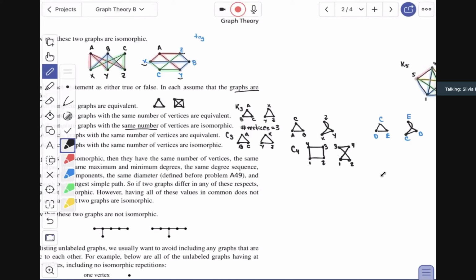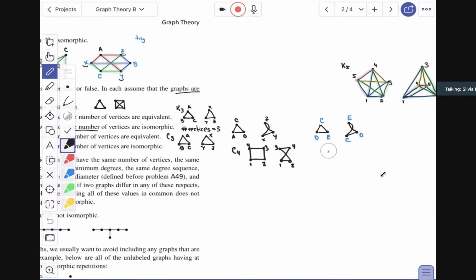So you can have C5, which will be a pentagon, or some modification of the pentagon. C6 is a hexagon, or some modification of the hexagon. You can draw them in many different ways. For example, C6 can look like that. That's the most typical way to draw C6. But you can also have anything crazy, 1, 2, 3, 4, 5, 6.